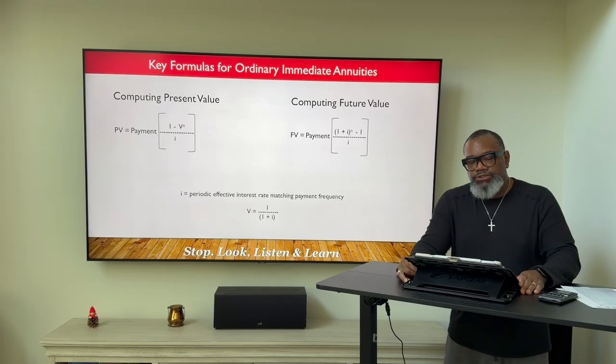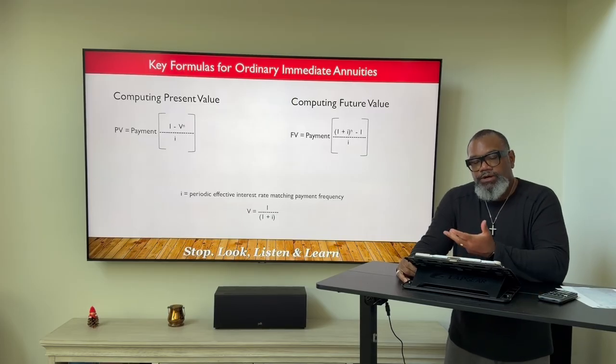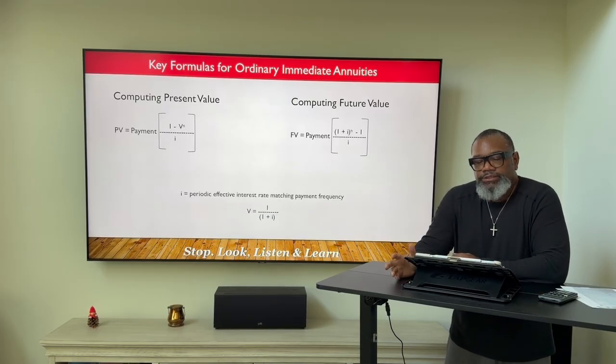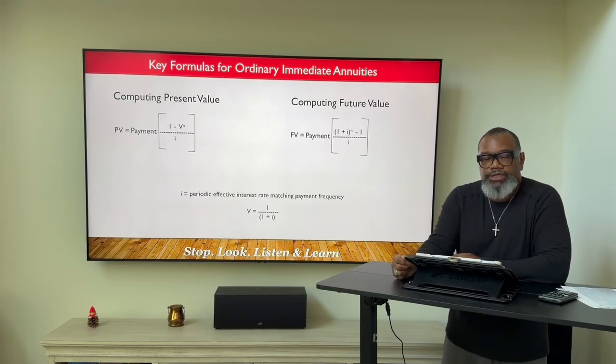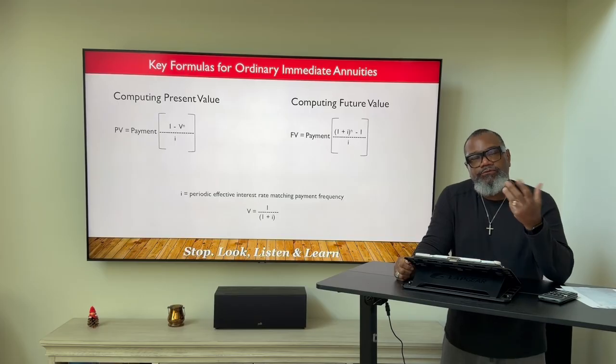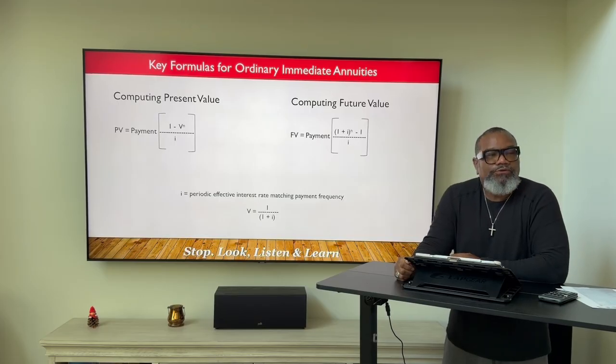And so that's pretty much what I wanted to cover here. Now it's important that you really internalize this and understand this, because we'll use these concepts here in corporate finance to come up with the value of bonds. Also, we'll use it to value stock.